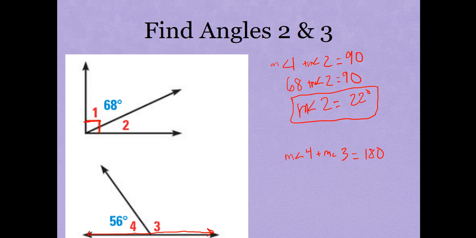We already know angle 4 is 56, and we need to find 3. So I'm going to take 180 minus 56 and get that the measure of angle 3 is 124 degrees. Again, just remember complementary means they add up to 90, supplementary means they add to 180.